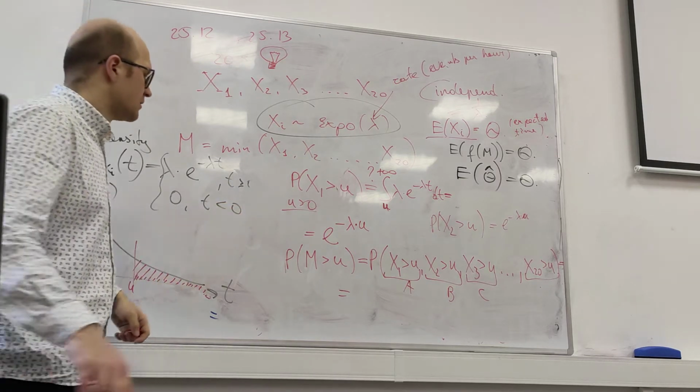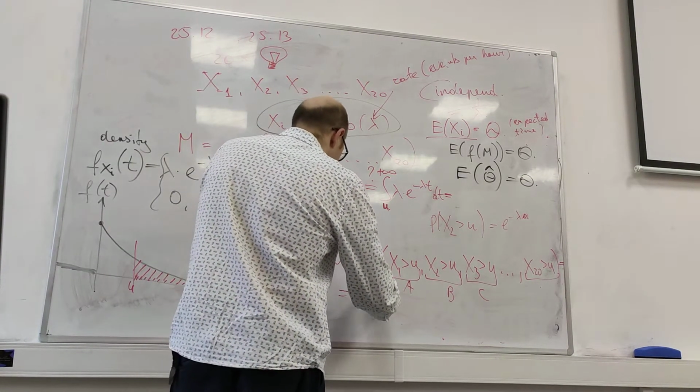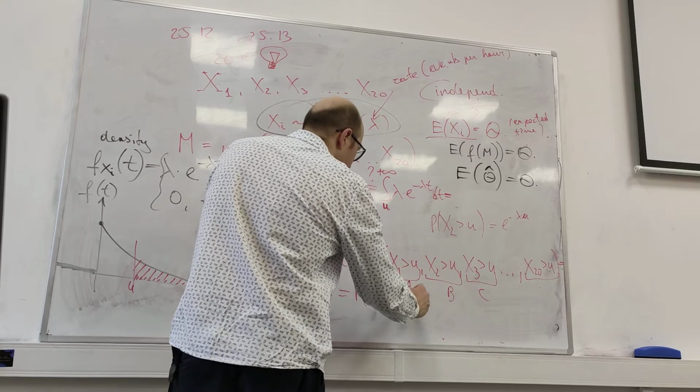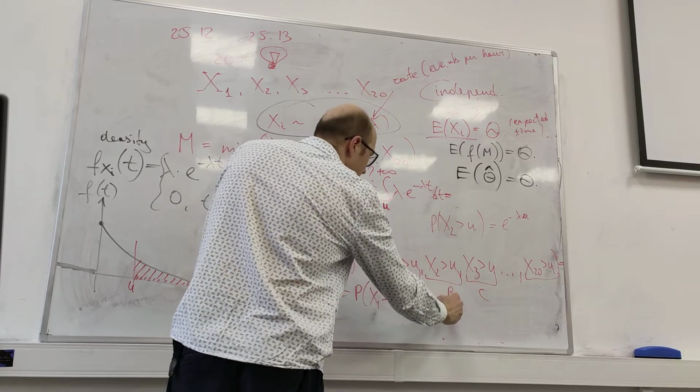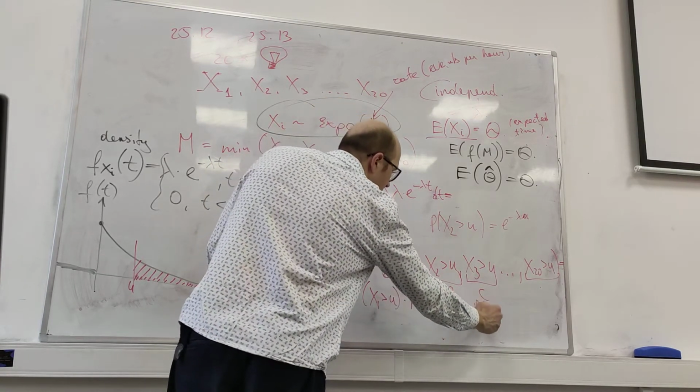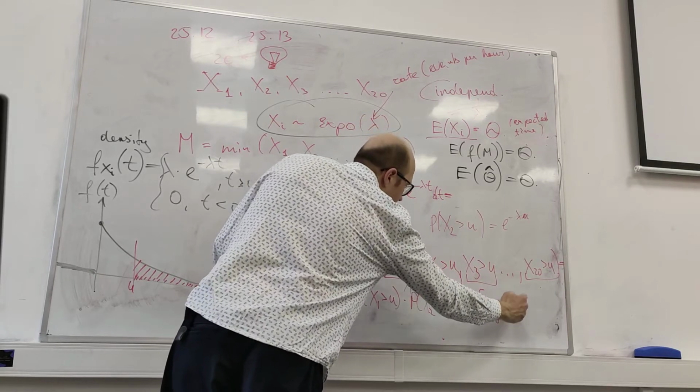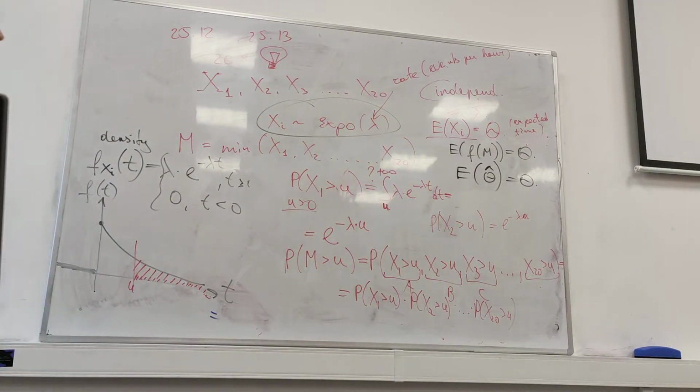I just multiply the probability x1 greater than u times x2 greater than u times x20 greater than u.